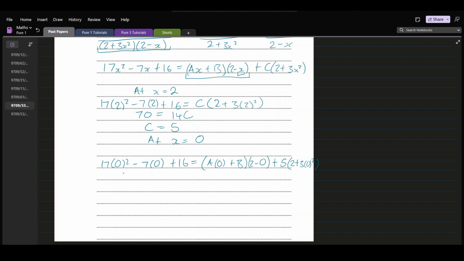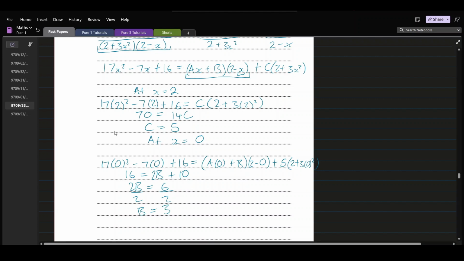Okay, and so the left hand side is 16, is equal to b times 2, so 2b, and then we've got 5 times 2, which is 10. So this becomes 2b is equal to 16 minus 10, which is 6. Divide both sides by 2, b is equal to 3.